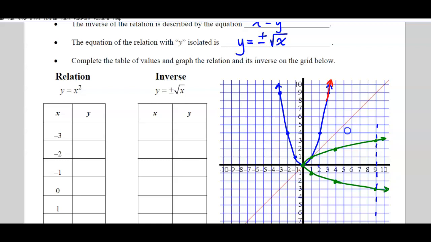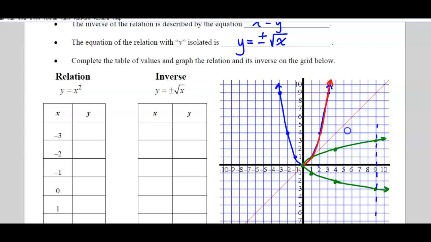I always suggest giving me the most that you can. So the most would be this entire arm, or you could do this entire arm. Some of you may be a little bit cheeky and just say x greater than or equal to 9, something like that. Yes, it works. Okay, the most is x greater than or equal to 0, or x less than or equal to 0.